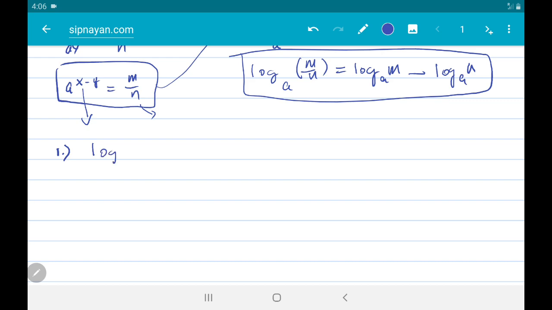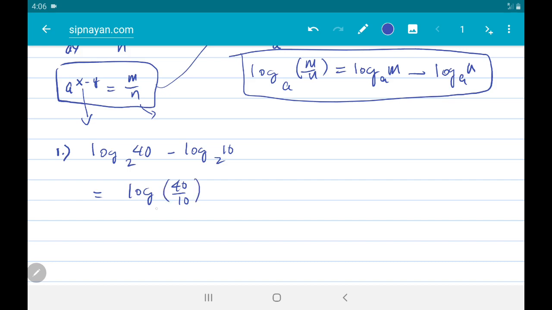Example: logarithm of 40 to the base 2 minus logarithm of 10 to the base 2. Evaluate. Minus siya, pwede siyang divide. Same base, so wala tayong problema. Magiging equal to logarithm of 40 divided by 10 to the base 2, kasi m over n. Ang m natin dito ay 40, ang n natin ay 10.